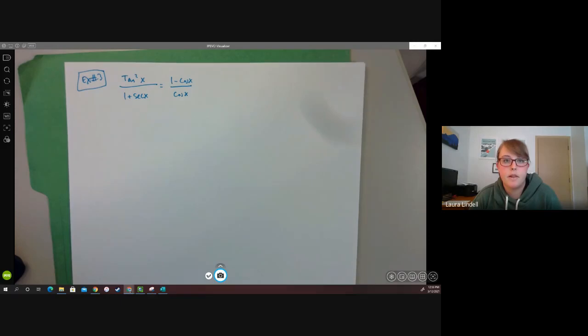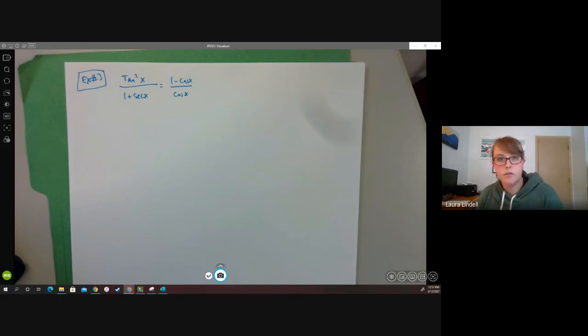So just like the last one, there's a couple different ways that you could do this problem. I'll show one way. But again, there's multiple methods you could take.